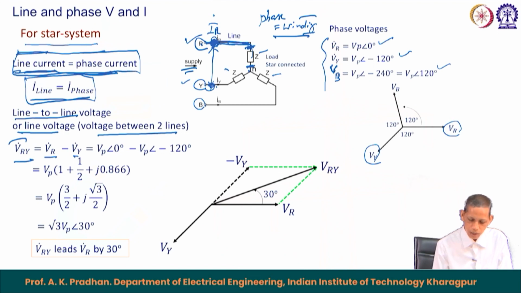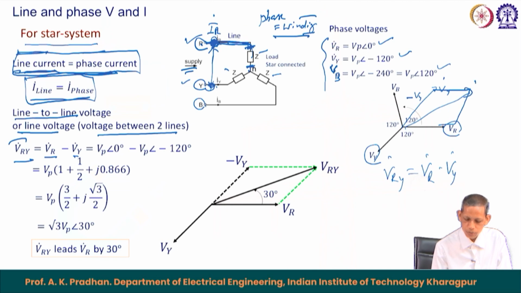So, V R Y equals V R phasor minus V Y phasor. This is the convention we are using here. So, we take V R phasor and minus V Y, and the summation of these two is the corresponding V R Y phasor.